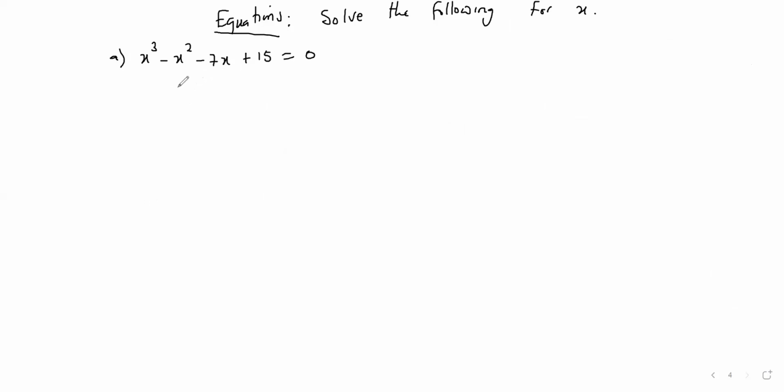So we substitute 1 where there's x. We are going to have 1 - 1 - 7 + 15. This is not 0. Again, we're using the trial and error method until we find one that will make this 0. We try -1.